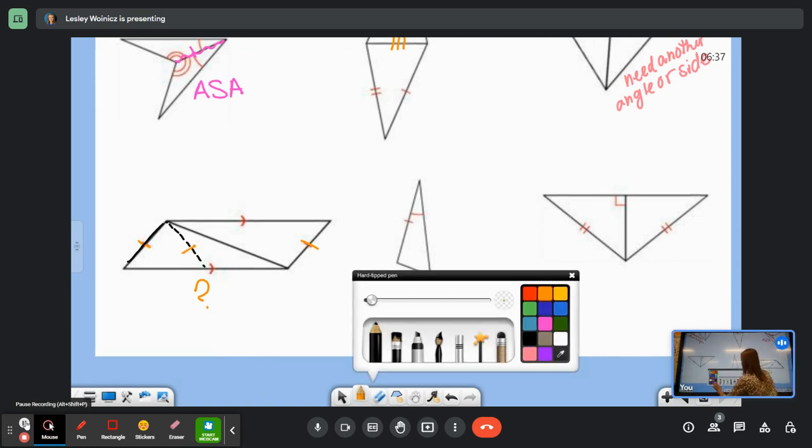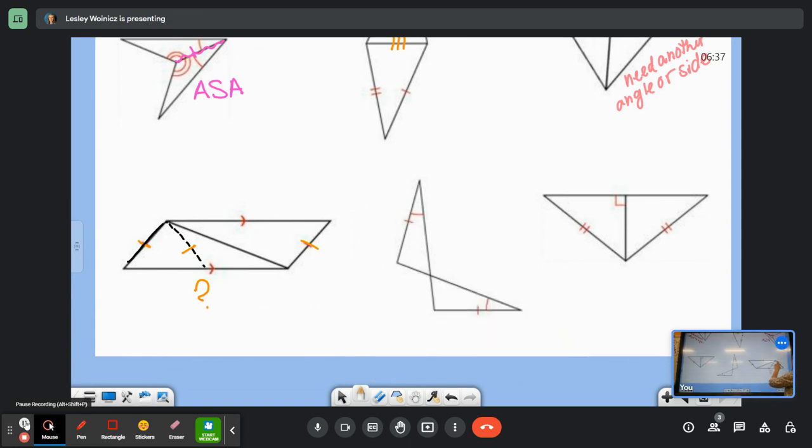Now, see how that changes my picture if this was not here anymore. I haven't changed anything in the way my drawing is coded. I still know that these two sides are parallel. I still have these two congruent sides. I still have this congruent side. I still have my two alternate interior angles congruent, but these triangles are obviously not the same shape.